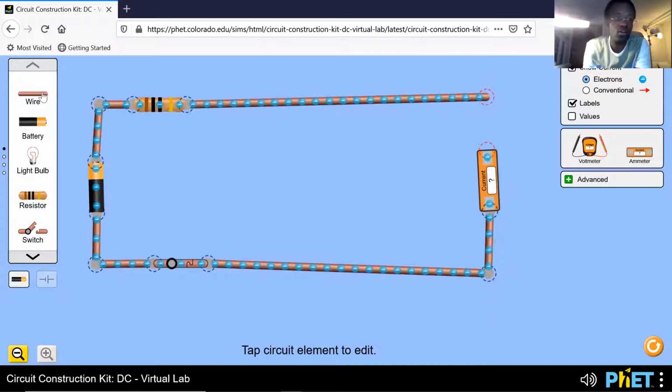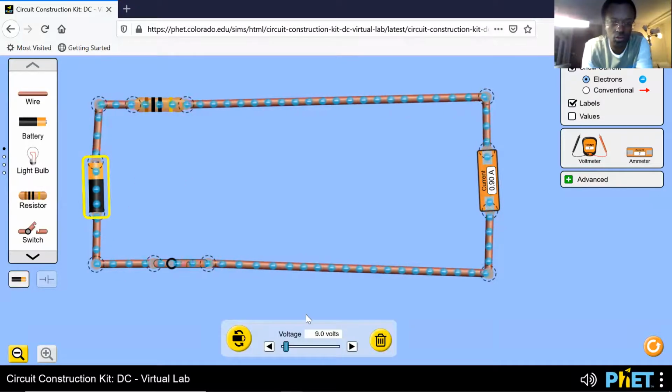And then a wire. All right. Now the ammeter tells us that the amount of current is 0.9 amperes. Okay.